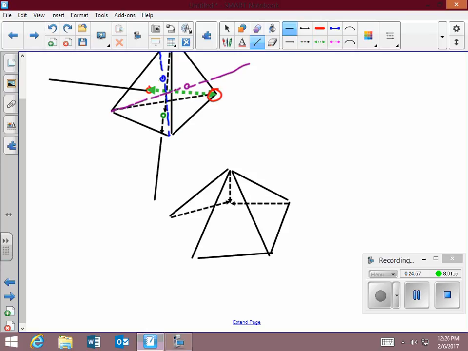All the sides are supposed to be equal at the bottom, just grant me that. And it has one that goes right through the center of the bottom and comes right through there. All right.